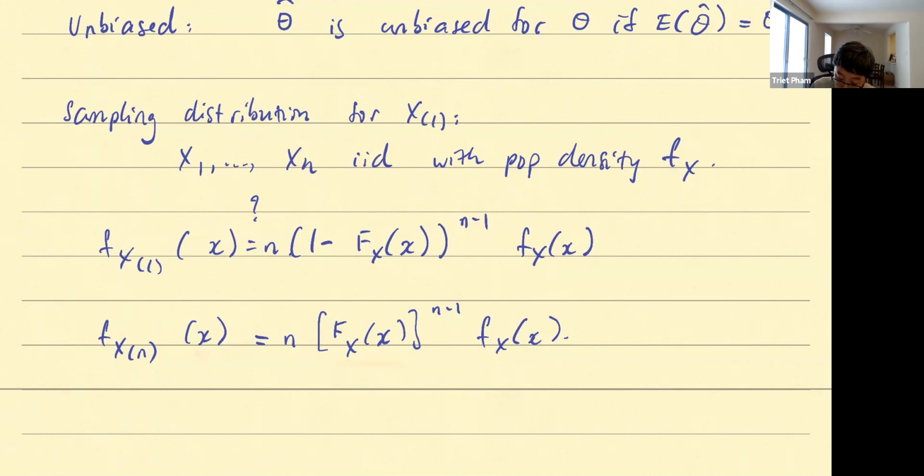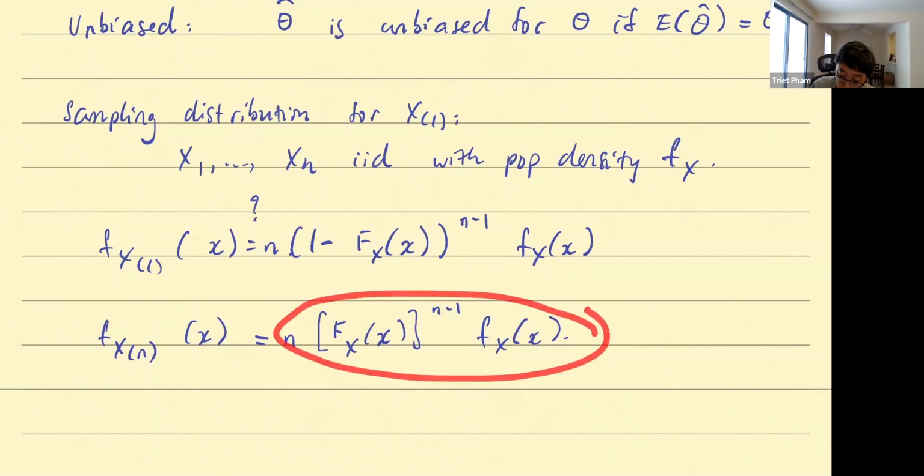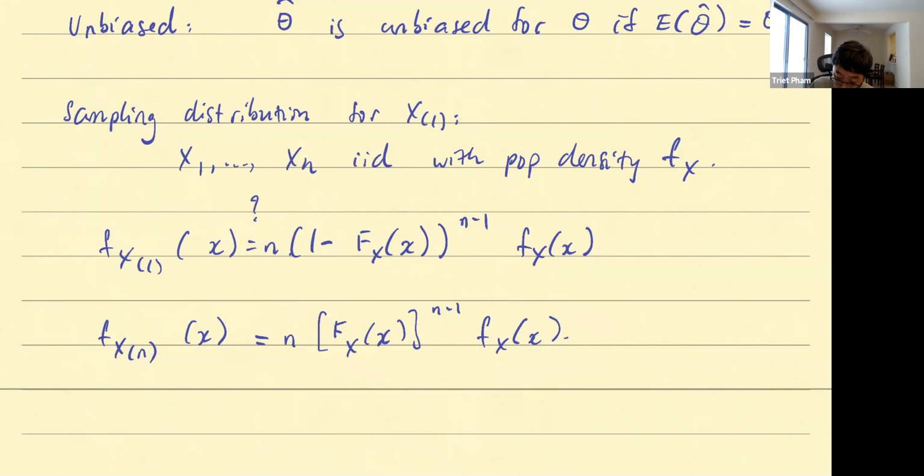So this quantity is just us differentiating the probability that every single value in the sample is less than x.